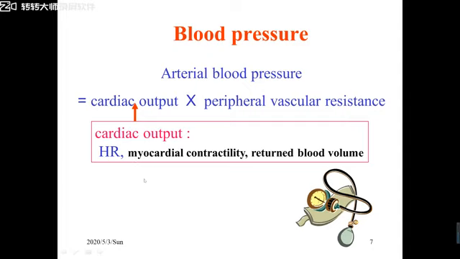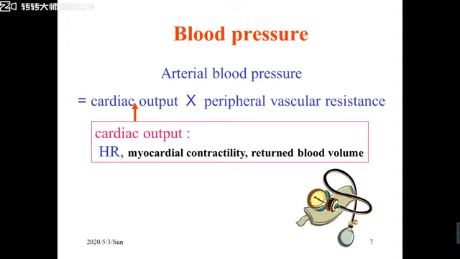So now my question is, doctors, do you remember we have studied some drugs that can reduce heart rate and reduce myocardial contractility? This drug has negative inotropic action, negative chronotropic action. Do you remember which kind of drugs can reduce heart rate and contractility?